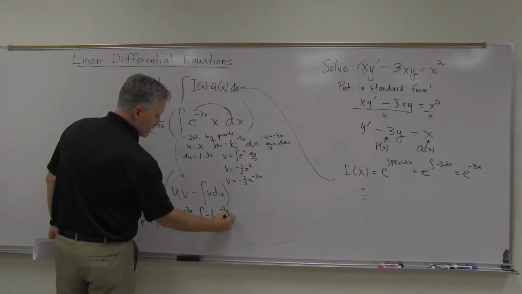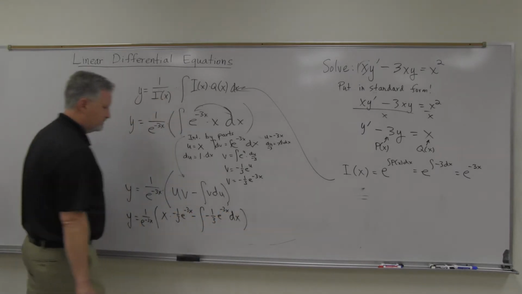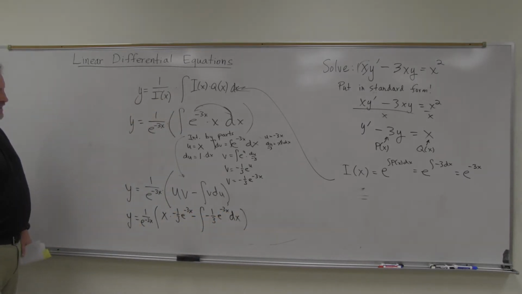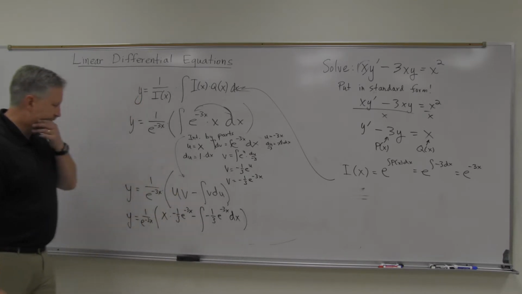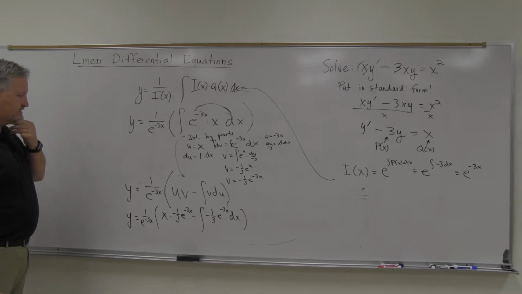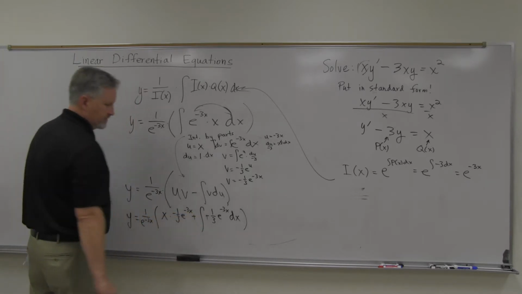Well, du is dx. Nicely. All right, so we're almost there. We just have one more integral to do here. The minus 1/3 e to the minus 3x. Well, that's going to make that a positive there.